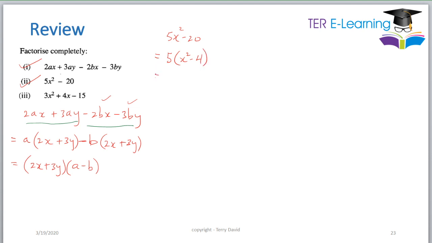Some students may stop right there, but you can't, because x squared minus 4 is now the difference of 2 squares. So this is going to be 5 multiplied by (x plus 2) multiplied by (x minus 2).